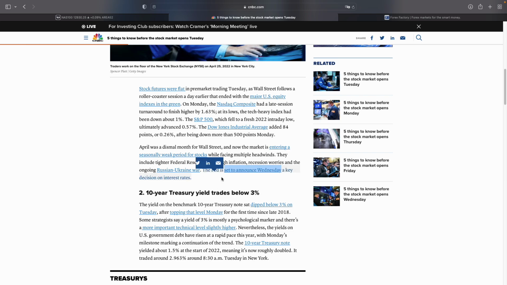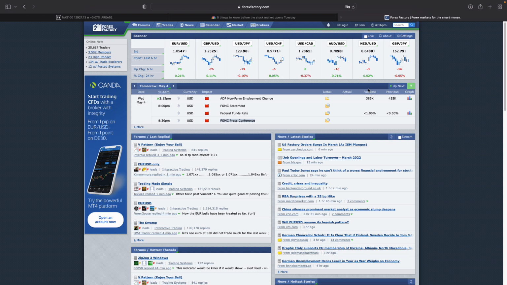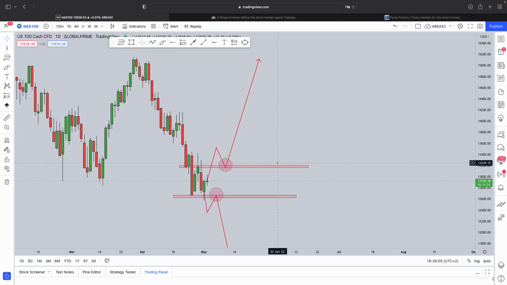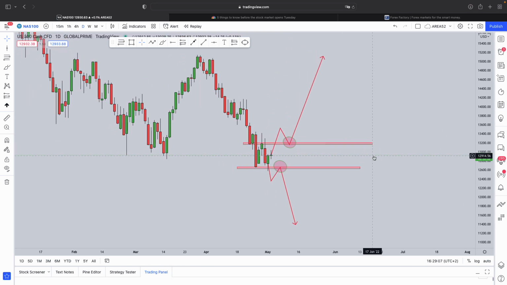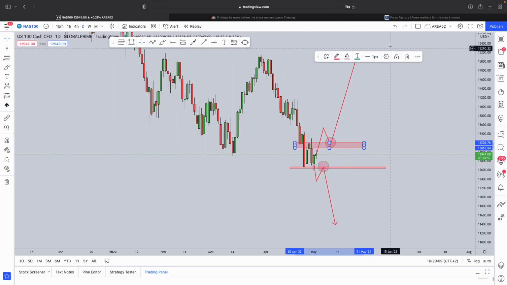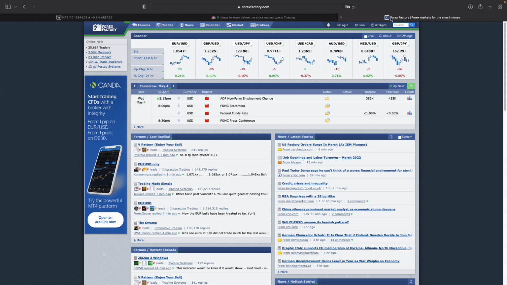It says here the Federal Reserve is set to announce Wednesday a key decision on interest rates, which is exactly what we've been speaking about now, and this is going to take place tomorrow at 8 p.m. So for those of you that watch Generations, I would suggest that you leave Movango tomorrow and make sure that you are focused and you keep your eyes on what the Federal Reserve is going to decide.